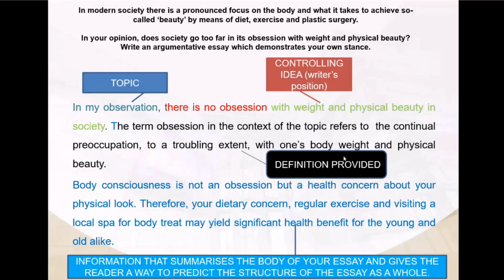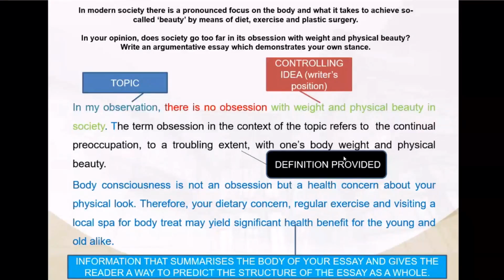And here is the actual question. It says, in your opinion, does society go too far in its obsession with weight and physical beauty? Write an argumentative essay. How do you write an argumentative essay? It's not the focus. Let's look at the introduction. Does it have a thesis statement? Does it have a summary of ideas that the writer is going to use to support the stance that they've taken?